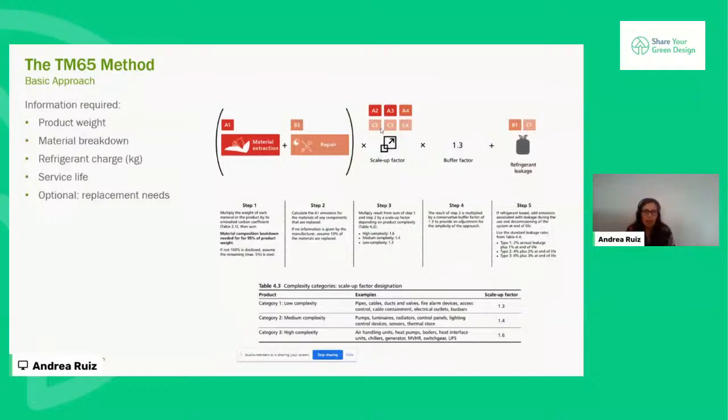This is used mainly when there is not much data from the suppliers and is really helping the industry at the moment, because when the suppliers do not have a detailed description, they can still share with us the weight of the product and the material breakdown, in terms of the percentage that specific equipment has of, for example, material 1 steel, material 2 aluminum.